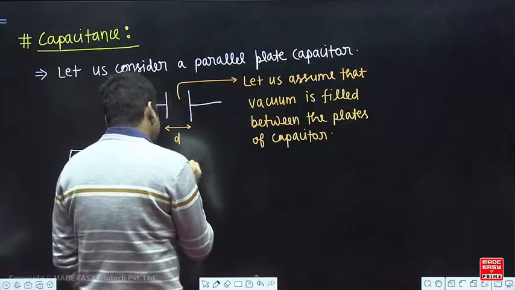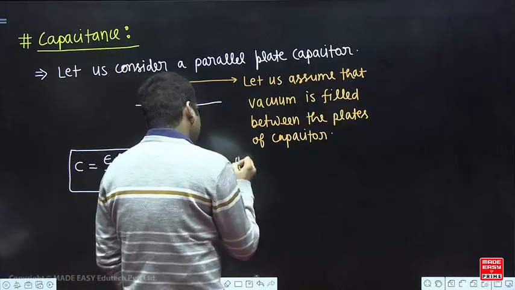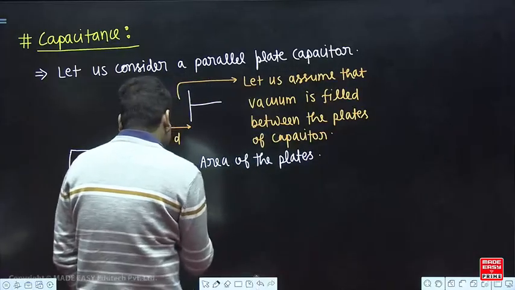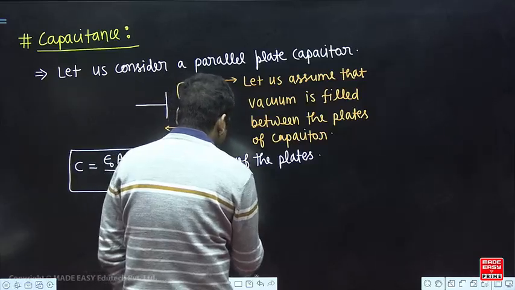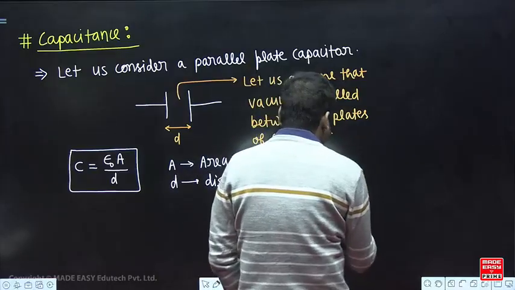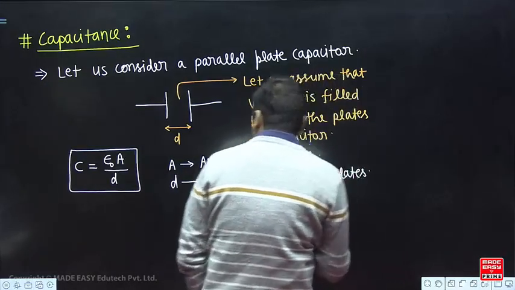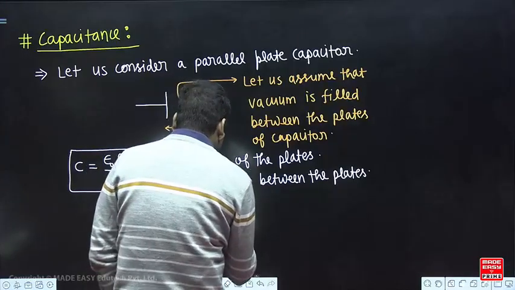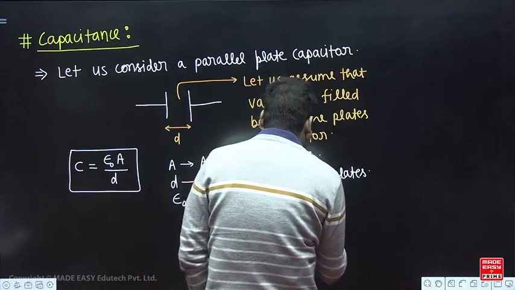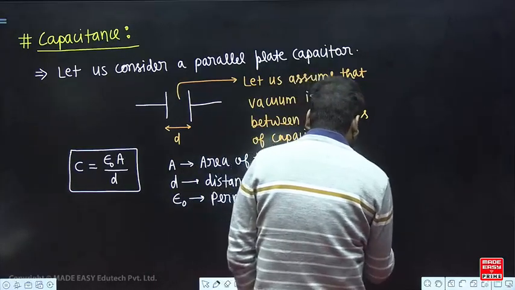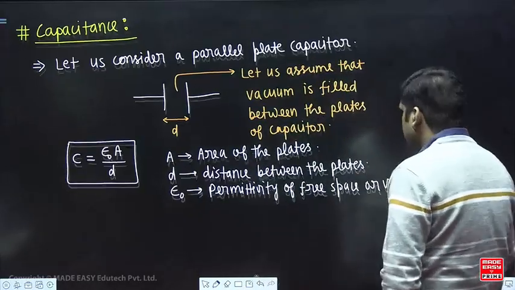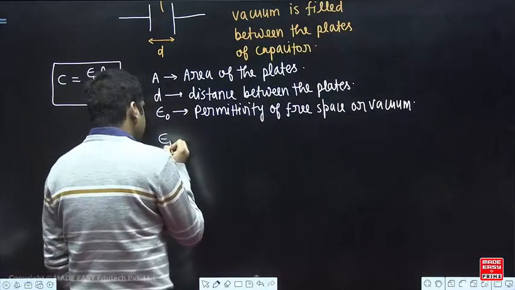A is the area of the plates, D is the distance between the plates, and epsilon naught is the permittivity of free space or vacuum.